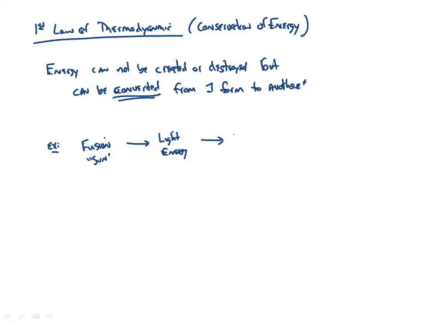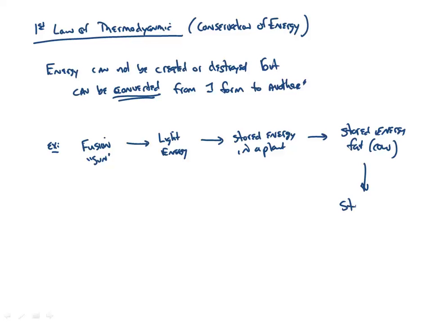And then, of course, a plant can convert that to stored energy in a plant, which can be converted to stored energy in fat, meaning a cow can eat the grass. We can eat the cow, so that turns to stored energy in you.